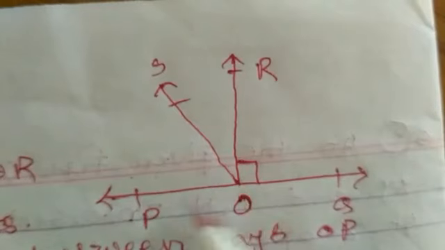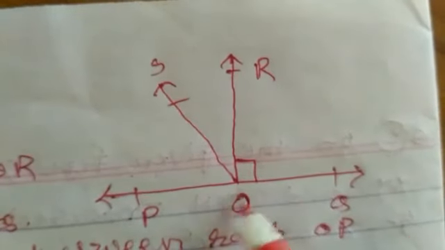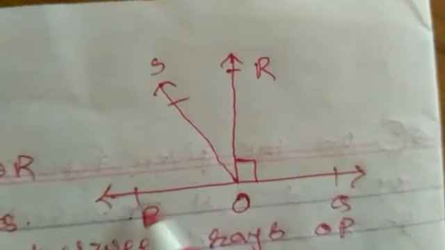Look at the figure. First you look at the figure. Suppose PQ is a line on which OR is perpendicular. Ray OR is perpendicular on PQ. And OS is another ray lying between rays OP and OR.